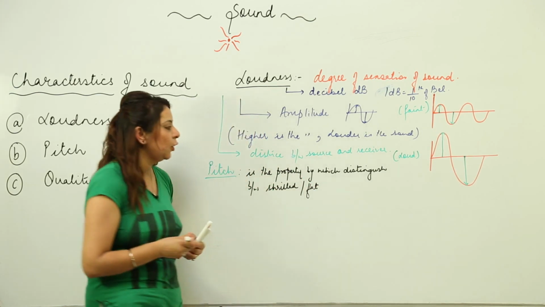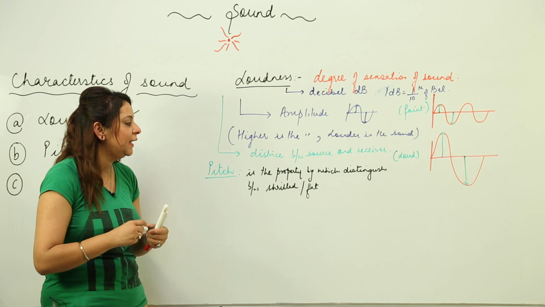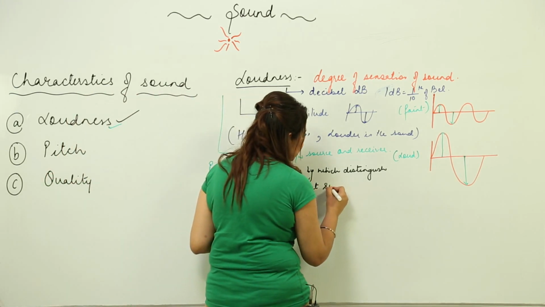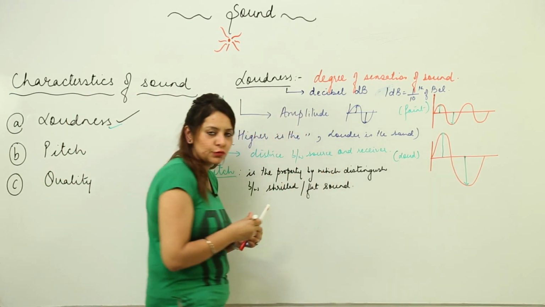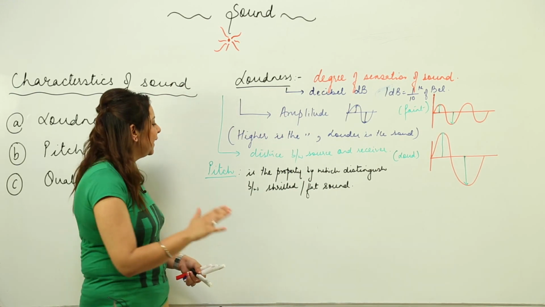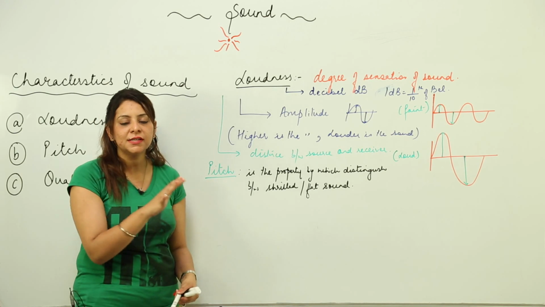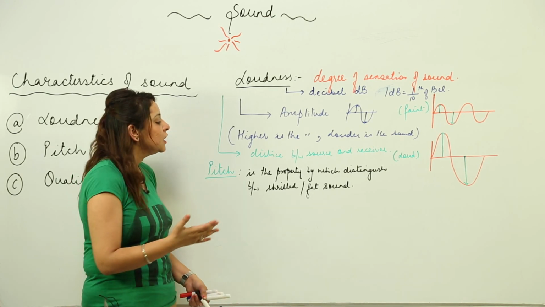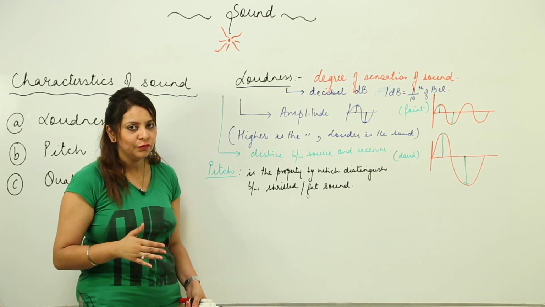So actually pitch is a property by which we can distinguish between shrilled and a flat sound. Shrilled means sharp voice and flat means deep voice. So we can distinguish whether the sound is sharp or deep, or whether the sound is shrilled or flat.